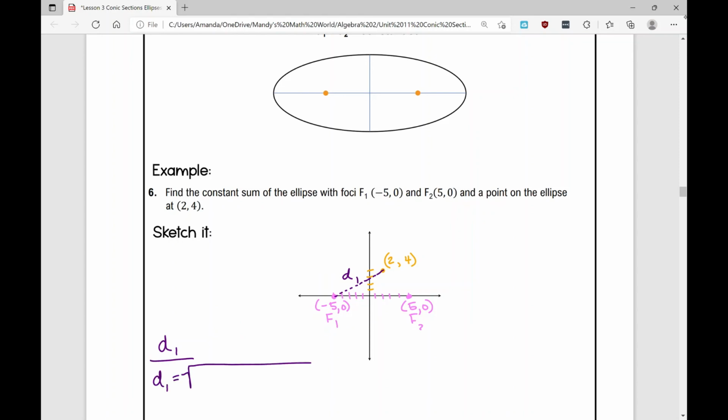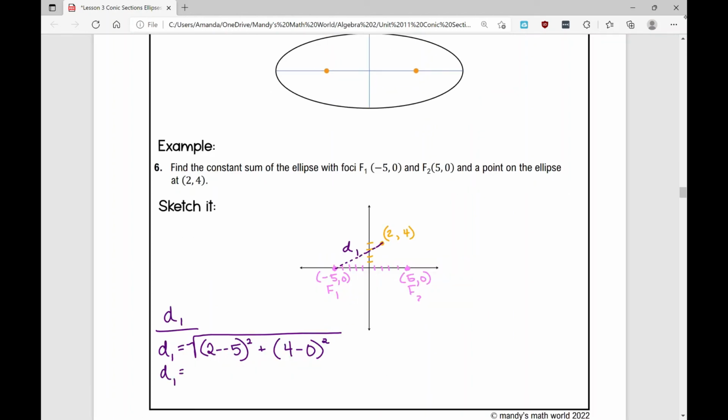I'm going to go quickly through this because I have a whole video reviewing the distance formula. We take the square root of the difference in the x values, 2 minus negative 5, squared, added to the difference in the y values, 4 minus 0, squared.